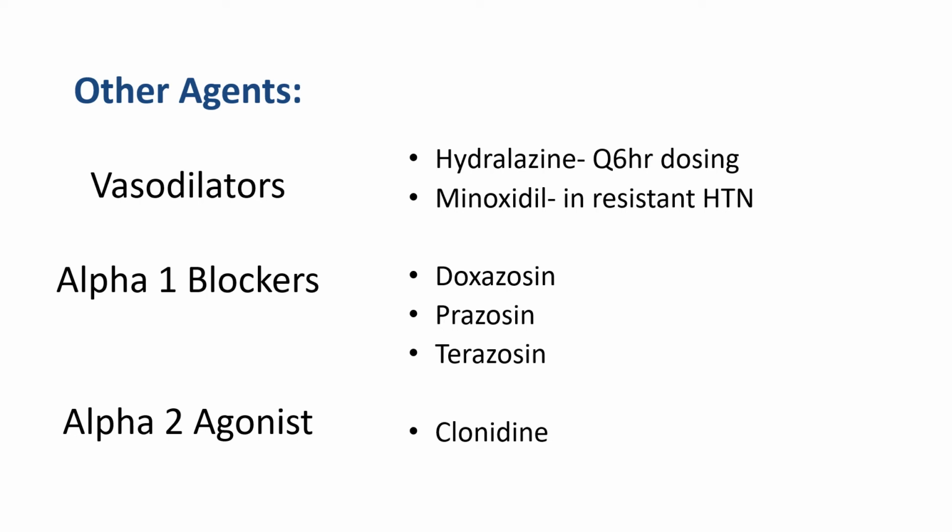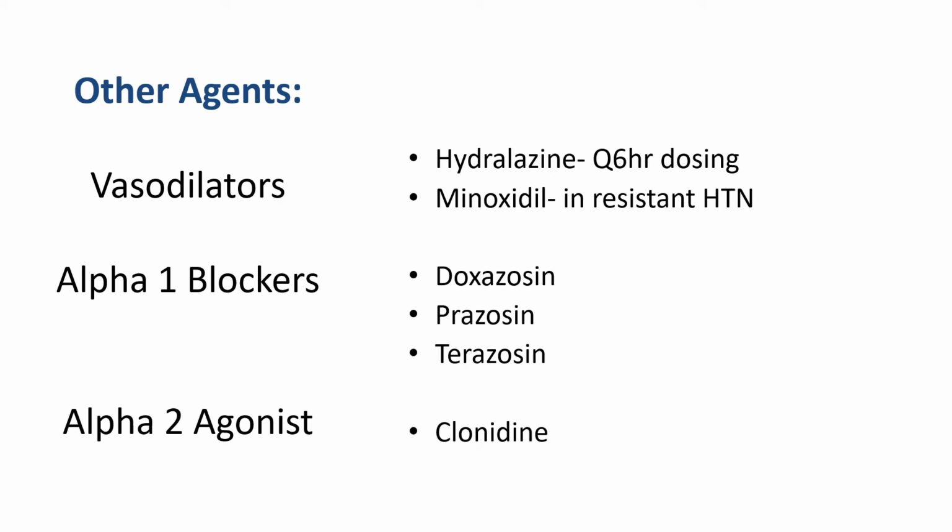So we talked about A for ACE inhibitors or ARBs, B for beta blockers, C for calcium channel blockers, and D for diuretics. Now this slide will cover some miscellaneous drugs that did not fall into those 4 categories that we have discussed so far. These miscellaneous agents are vasodilators.